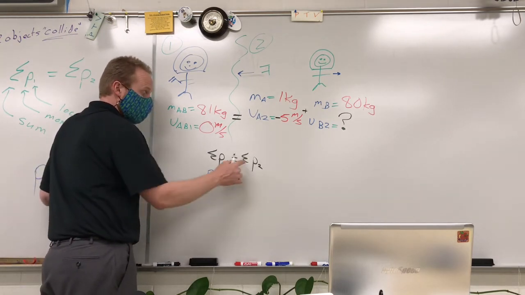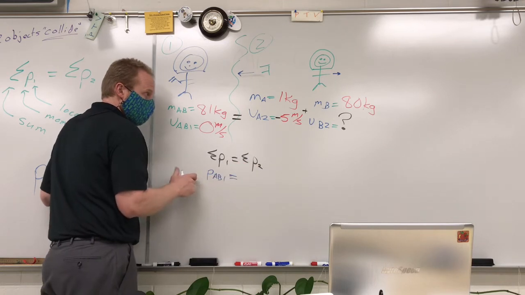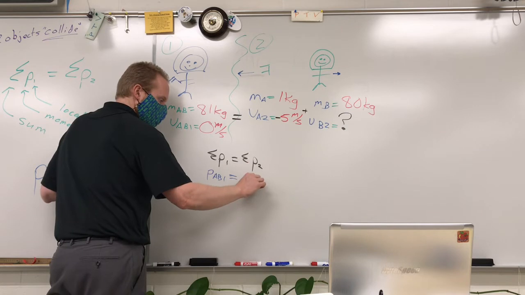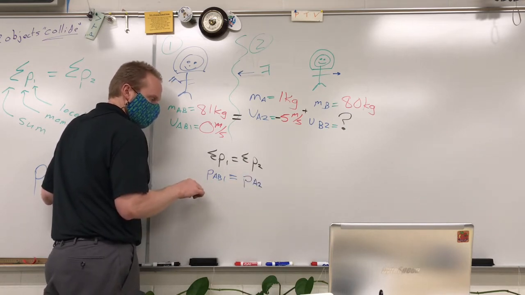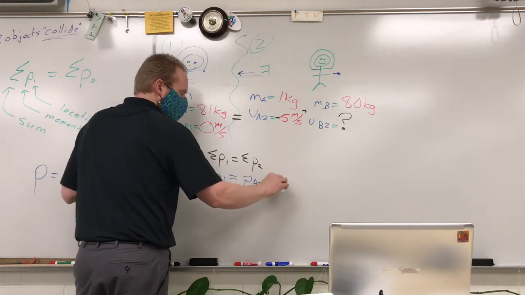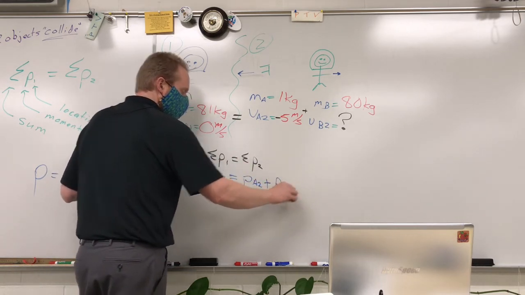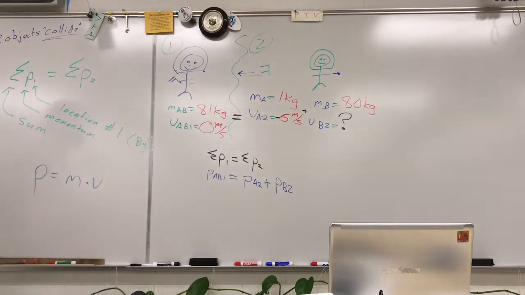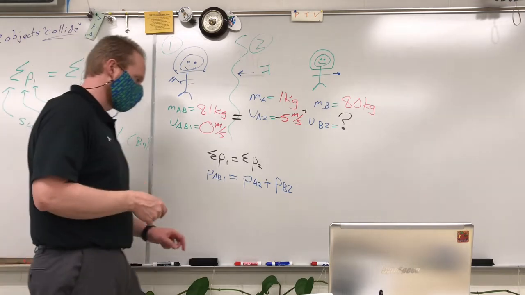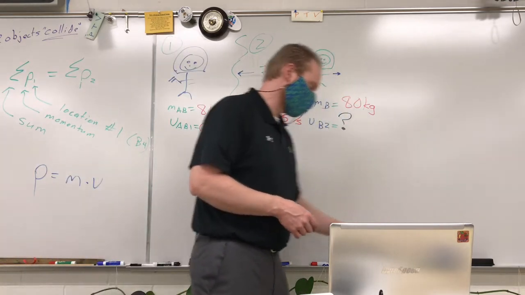And that's equal to the sum of my momentum after she throws the wrench. So I have two objects, so I'm going to need the momentum of object A after she throws it, PA2, plus the other object's momentum, PB2, the momentum of object B after the interaction, or after the collision.